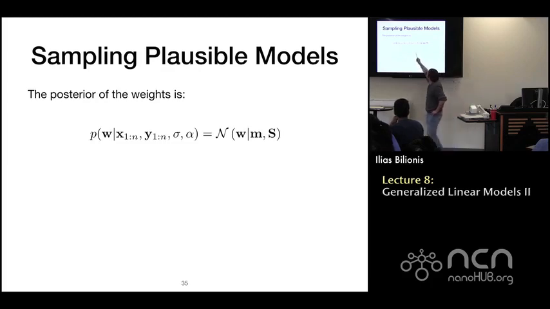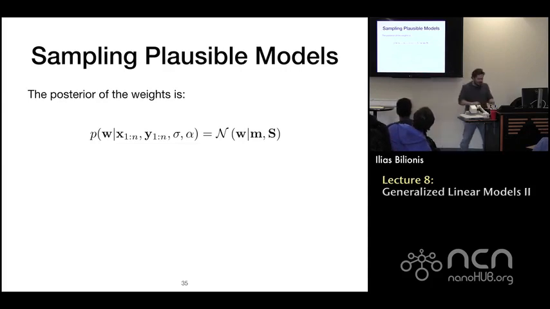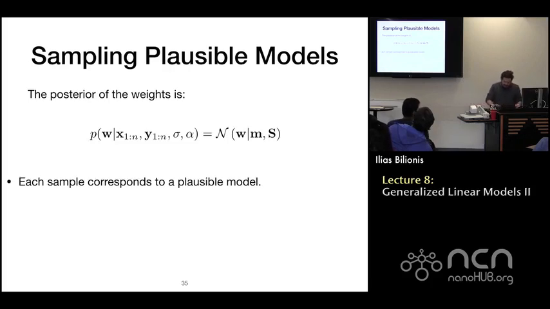This distribution is our state of knowledge about the parameters of our model. So I'm going to sample from this distribution, and each sample would correspond to a model that is good, good in the sense that it could be the right model. If you sample again, you'll get another model that could be the right model, and you just can't decide which one is the best yet. But let's see how it's going to be like.